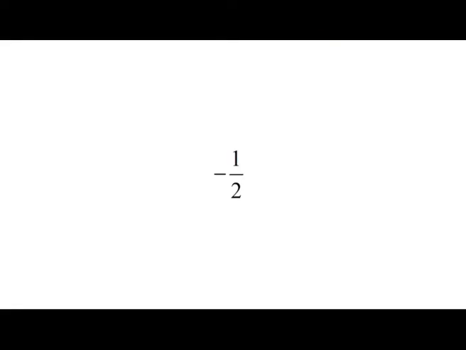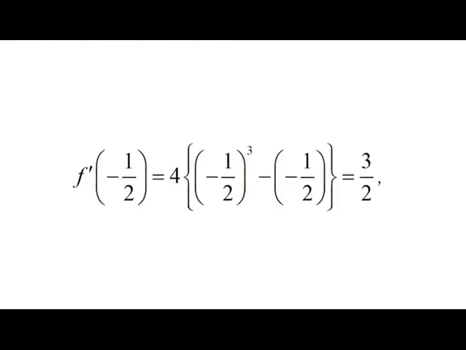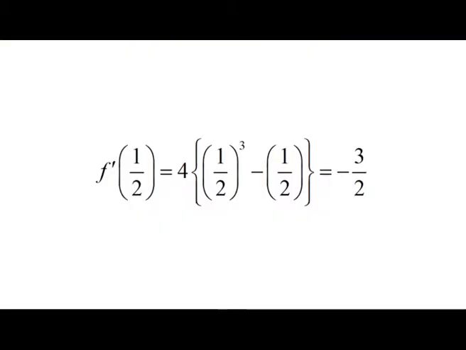Similarly, taking the point minus half in the open interval minus 1 to 0, we see that f'(minus half) is equal to 4 times (minus half)^3 minus (minus half), which is equal to 3 by 2, a positive number. So, f(x) is strictly increasing in the interval minus 1 to 0. Now, taking the point half in the open interval 0 to 1, we see that f'(half) is equal to 4 times (half^3 minus half), which is equal to minus 3 by 2.